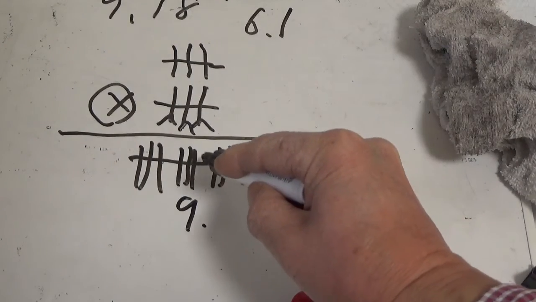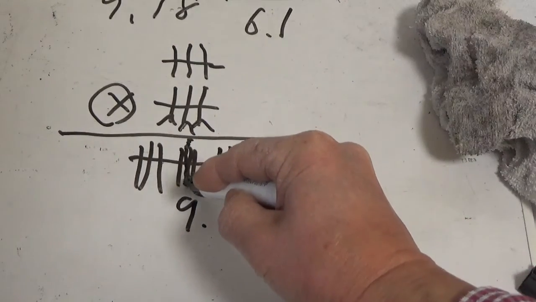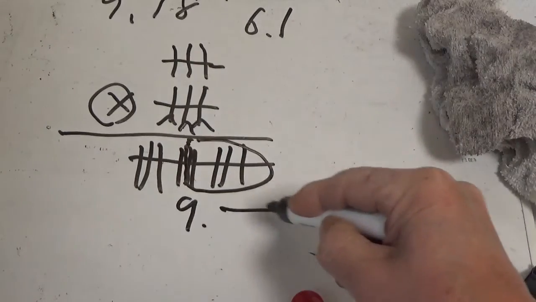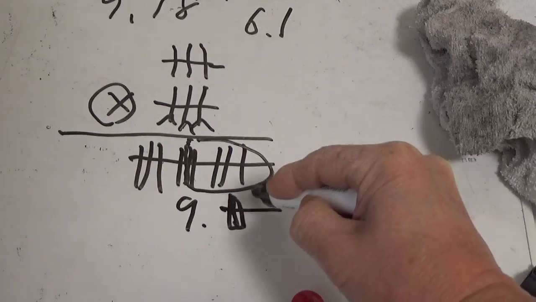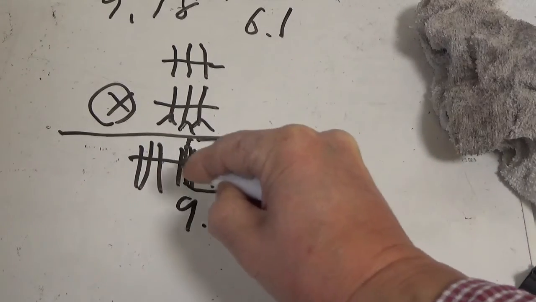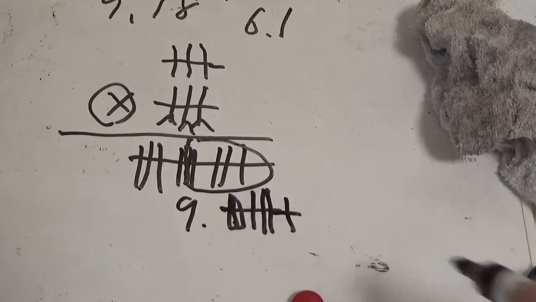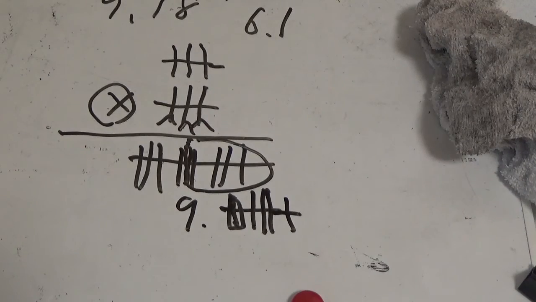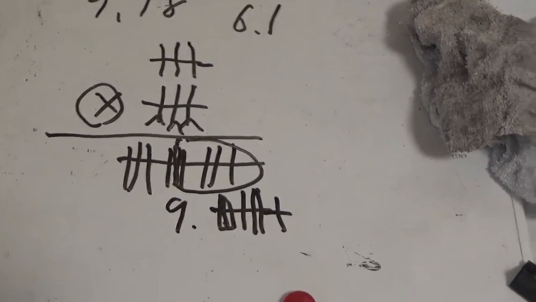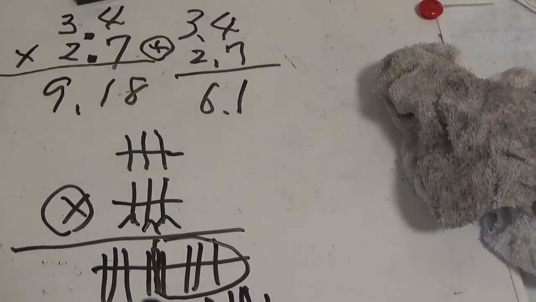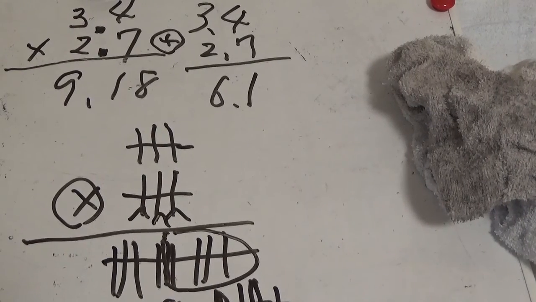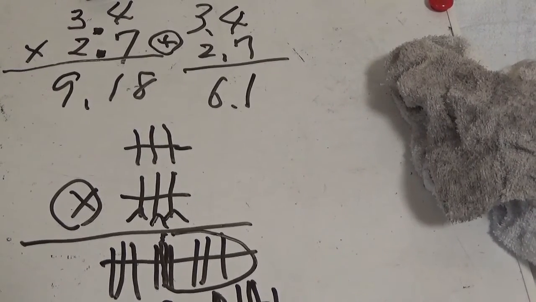1, 2, 3, 4, 5. And what is 1? 5 and 4, that is 9. So you can estimate that 3.4 multiplied by 2.7 is approximately 9.